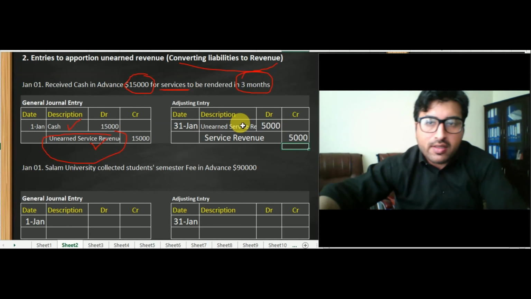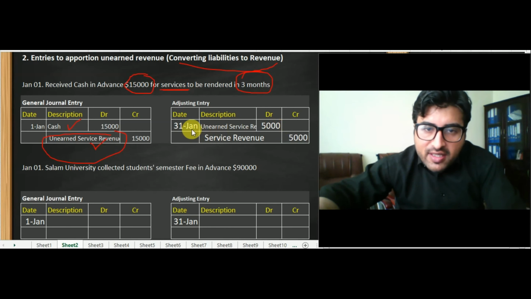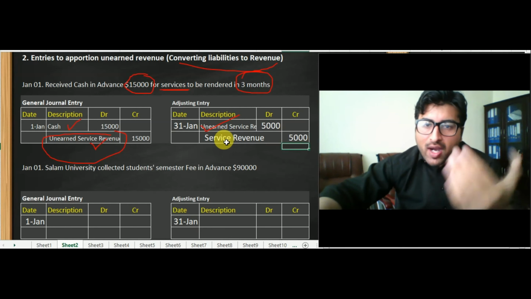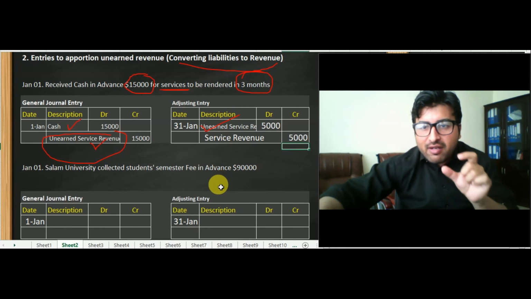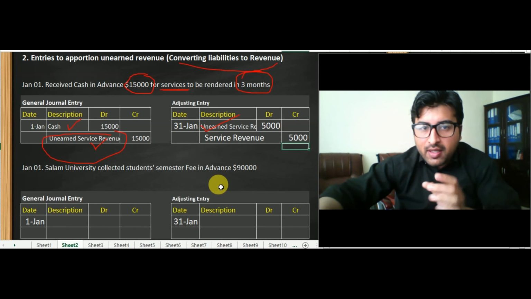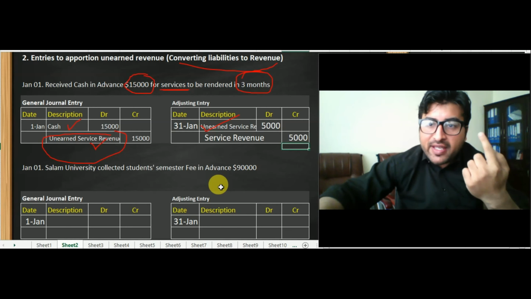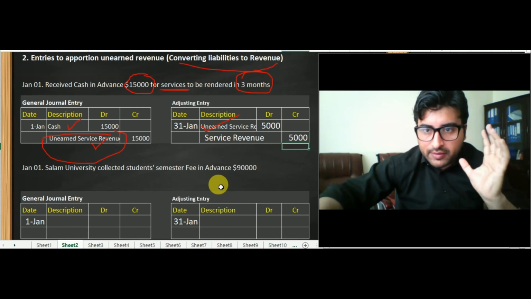Dear students, why are we debiting here the unearned service revenue account? Because the total service is to be provided for 3 months, and the value and the cost of the services of 1 month is $5,000.